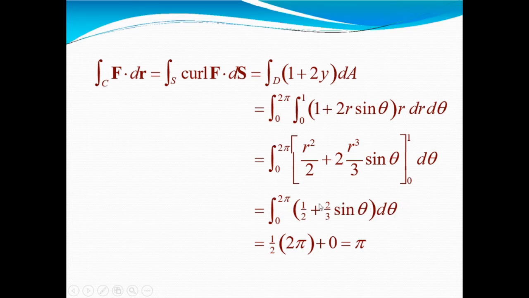When we take the integral of this value, we know that sin θ for 2π, that means 360 degrees, will be 0. Hence we get a 0 over here. When we apply the lower limit also, sin 0 is also 0. Hence this second term becomes 0 when we apply both the upper limit and the lower limit. Then if we simplify further, 2 gets cancelled over here. So the final value we get is π.